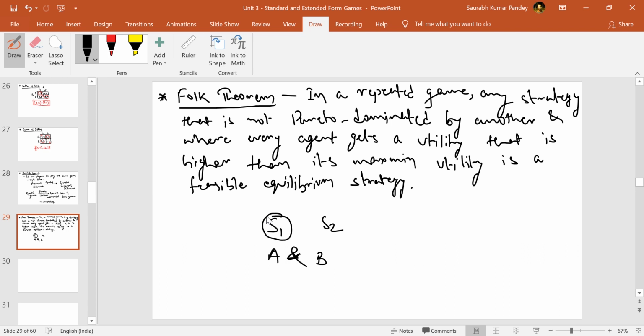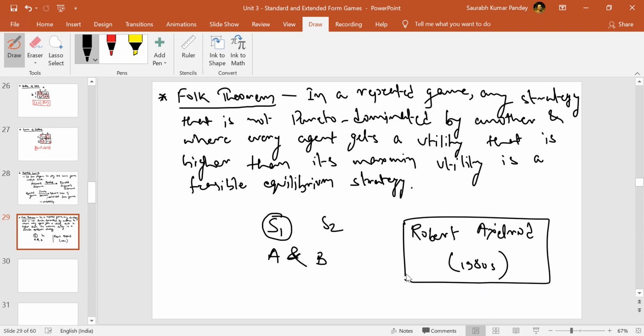Now, what is happening over here is that the agents are agreeing to a strategy that gives everyone at least maxmin and is not Pareto dominated. A scientist called Robert Axelrod, in the 1980s, tried this problem of the iterated prisoner's dilemma.